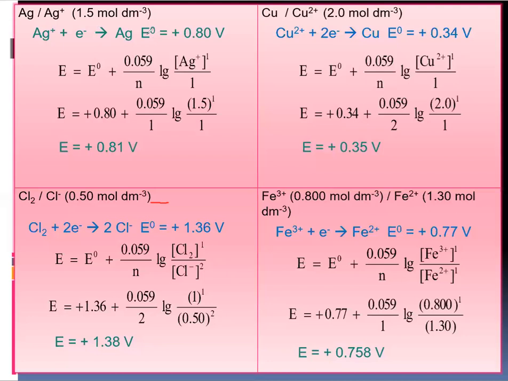We're given the E naught to be equal to plus 0.80 volts. This value, E naught, which is your standard electropotential, you will be given. From the standard electropotential, I can see this is a plus. Because it's a plus, it suggests that this favors a forward reaction, and this particular equation is supposed to be a reduction, not an oxidation.